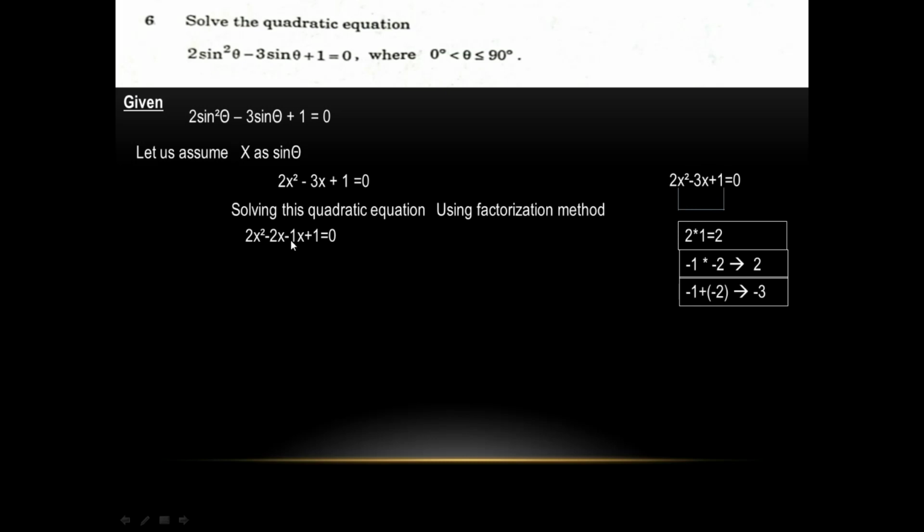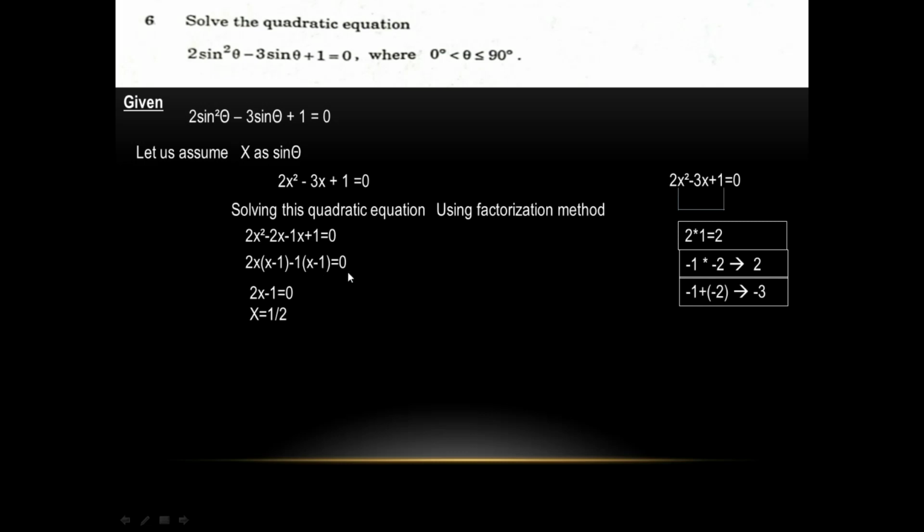So we are splitting the middle term using this. We get 2x square minus 2x minus x plus 1 is equal to 0. From this equation, taking 2x as common, we get 2x of (x minus 1), and taking 1 as common, we get 1 of (x minus 1) is equal to 0.